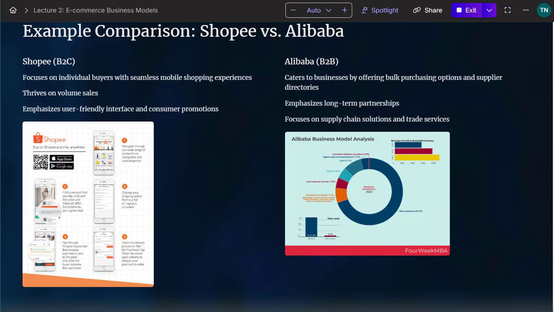In contrast, Alibaba is a B2B e-commerce platform that caters to businesses by offering bulk purchasing options and supplier directories. Alibaba's emphasis is on long-term partnerships and providing supply chain solutions and trade services for its business customers.